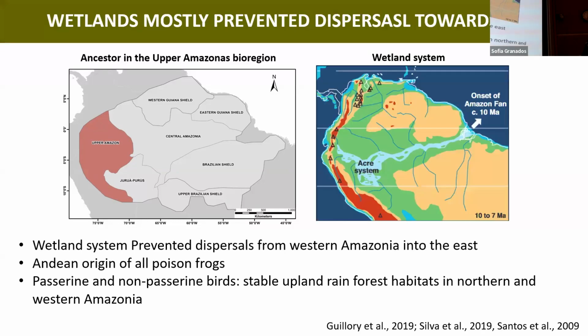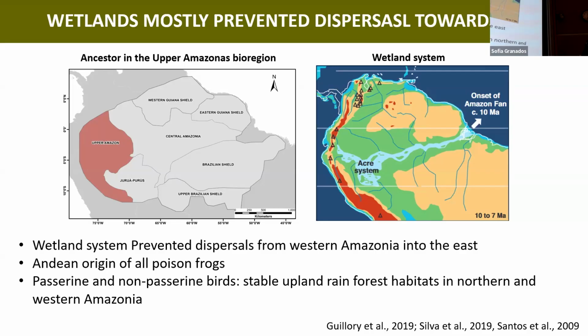So what we think happened is that this huge wetland system that was there for a long time prevented dispersals towards the east. This is consistent with the idea that all poison frogs originated in the west, and then just after there was a recession of all of these wetlands, they started migrating.